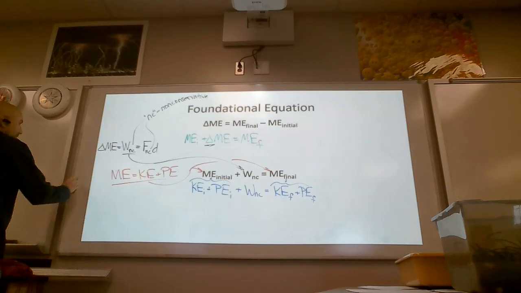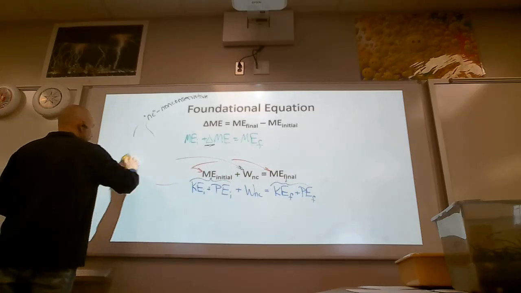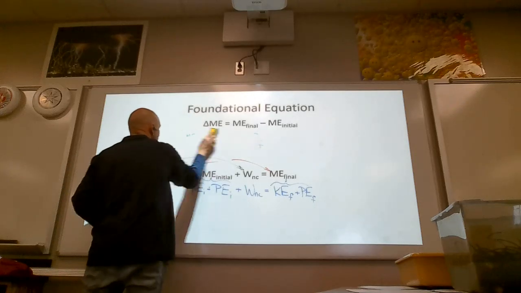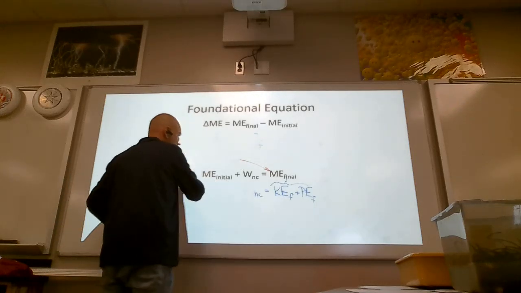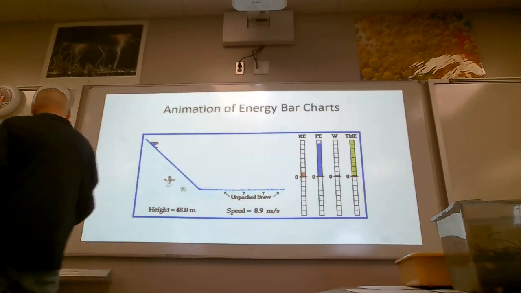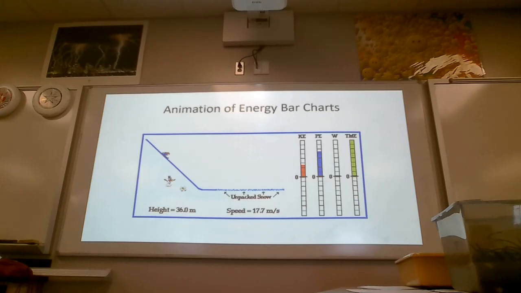All right, this next slide is an archaic animation, but it's very information rich, so I continue to use it. Okay, so a skier's going down a frictionless hill and then hits the lower bottom, and there's a rougher surface and it experiences friction.